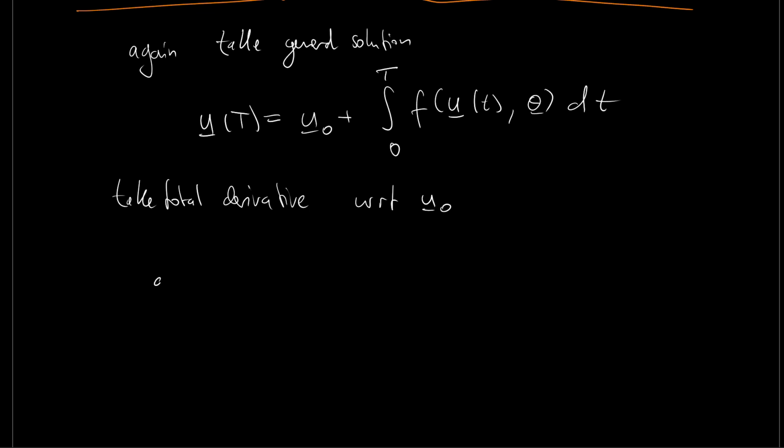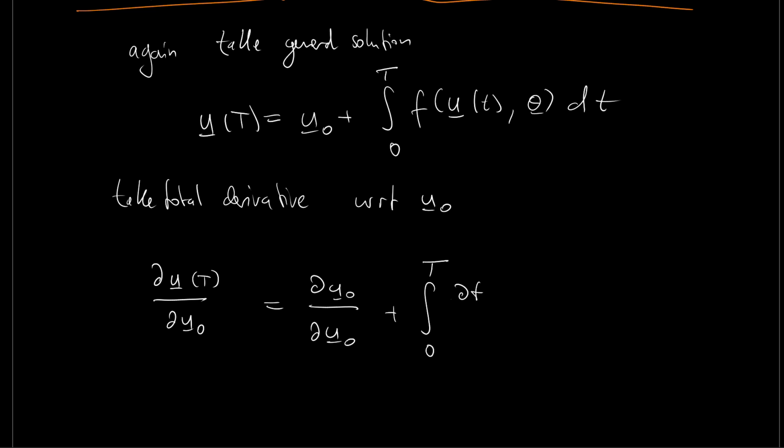This will give us the derivative of u evaluated at capital T with respect to the initial condition is equal to the derivative of the initial condition with respect to the initial condition plus, and then our derivative operator again propagates over the integral, so we will get the integral from 0 to capital T of, again, the Jacobian of f with respect to u multiplied with u with respect to theta 0.